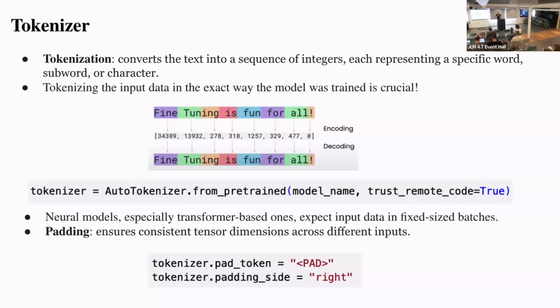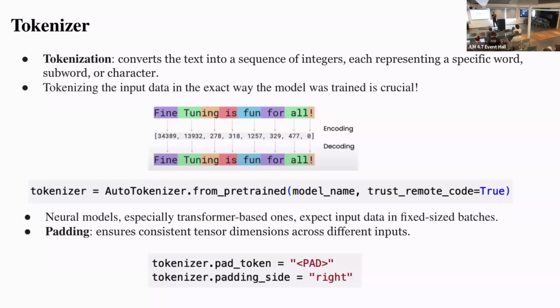And you can see here, "fine-tuning is fun for all" is the input sequence. For example, we have the entire word "fine", which has its own token ID, but "ing" is a subword. Since "ing" is very popular in English as a subword, it's more efficient to give it a specific token ID. Okay, so we convert the tokens to their IDs.